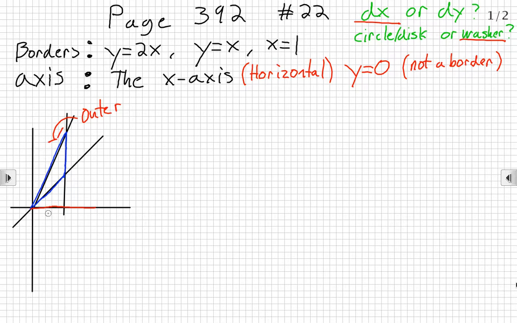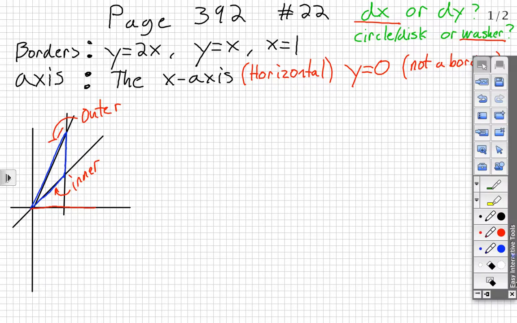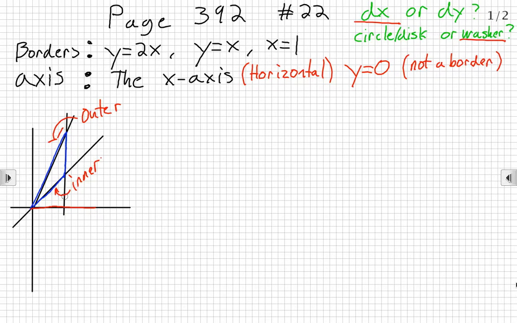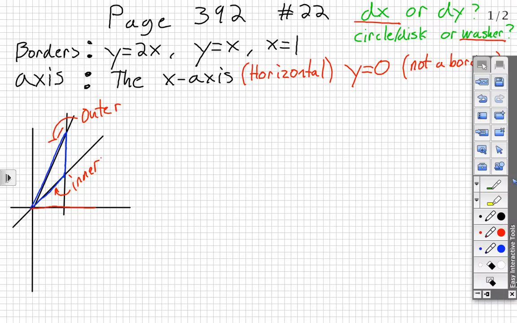It's the lower boundary, and it's closer to the axis of revolution. So let's label that our inner. We've identified dx, and we've identified washer. We've identified the equation farther away, so our outer equation. We've identified the equation with a function closer to the axis. So we've identified our inner.